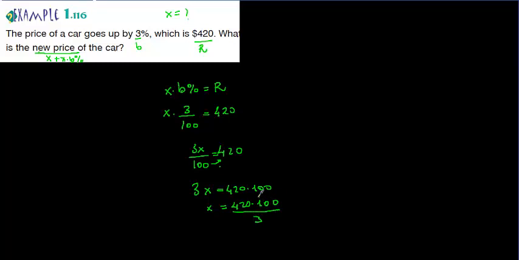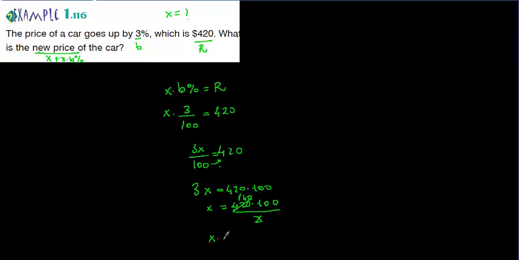I said I prefer not to multiply the terms before simplifying, because after simplifying it's going to be easier. 420 is divisible by 3, and when you divide it by 3, the result is 140.